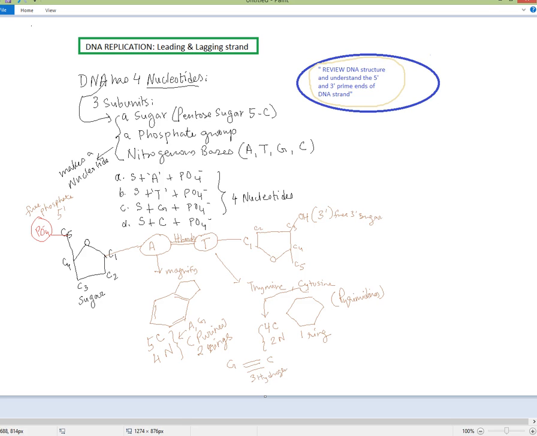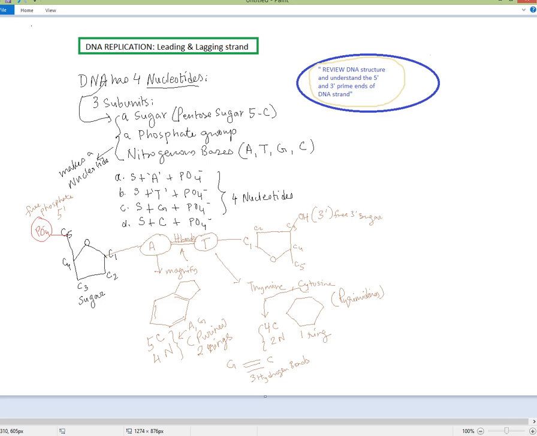So this is a little bit stronger than that, so it's easy to break this bond, and we'll talk about it a little bit later when we start the replication process.